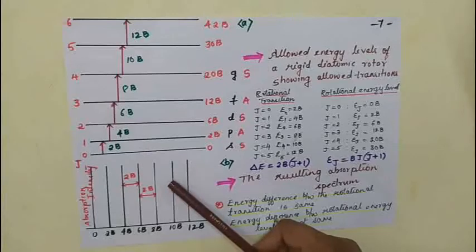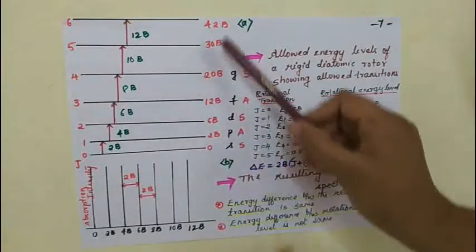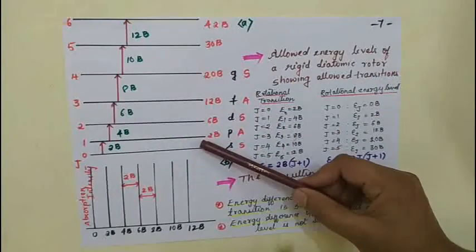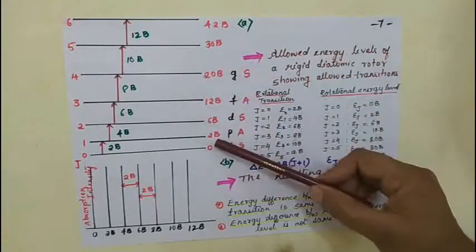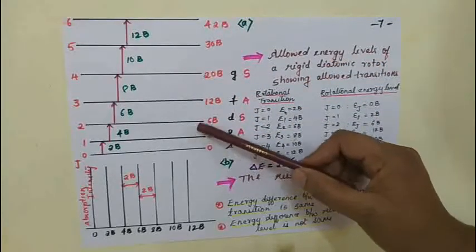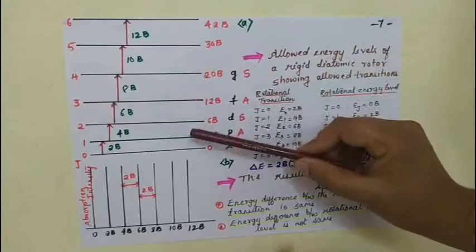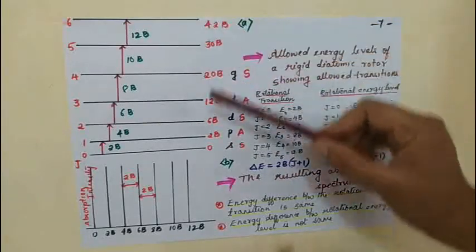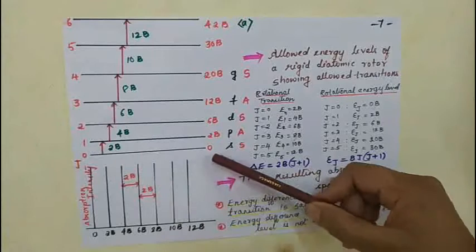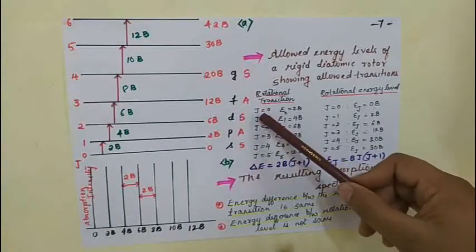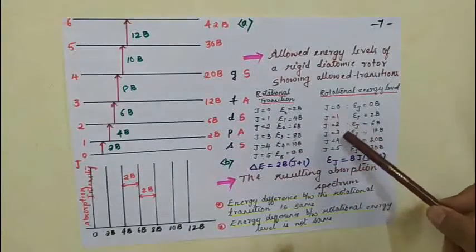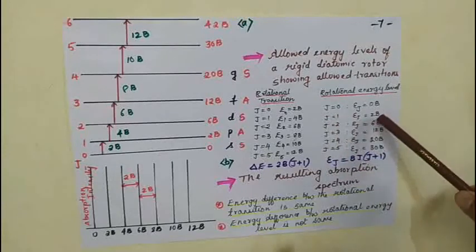Now let us see how these energy levels have been written. If you closely observe, the difference between the rotational energy levels keeps on increasing. When J is equal to 0, it is 0. When J is equal to 1, it is 2B.